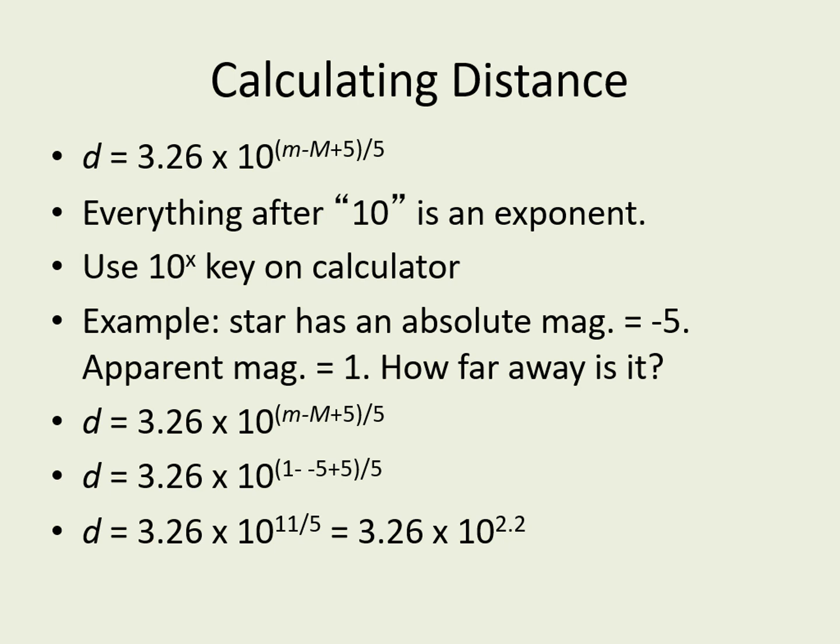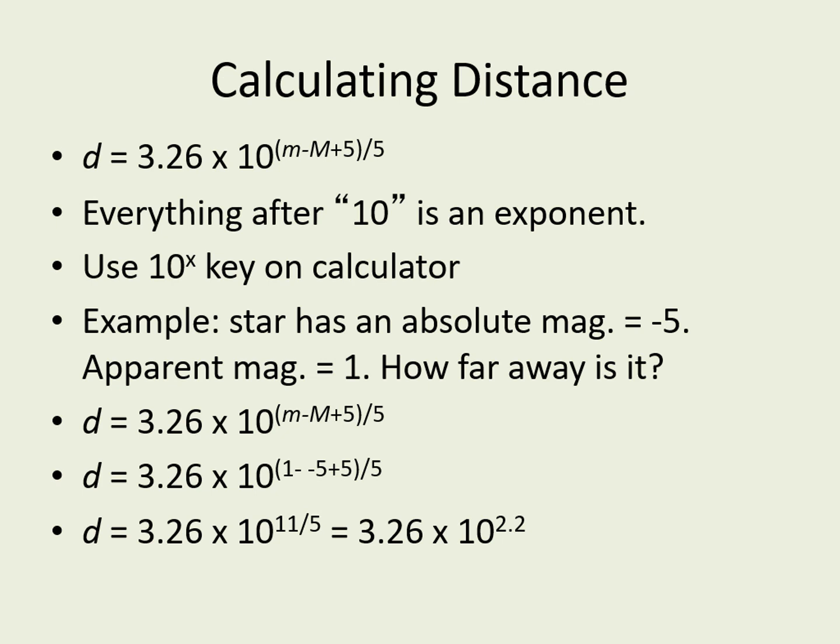Estimate the value first. You should already know that 10 to the 2 is 100 and 10 to the 3 is 1,000. So 10 to the 2.2 should be somewhere in between 100 and 1,000. If you didn't know that, go back and review the notes on working with exponents in the math section near the start of the course.